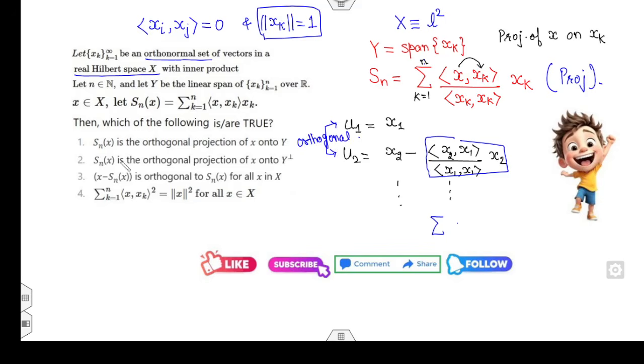Now look at the options. Sn is the projection of x on xk. What is xk? It is y. So the projection of x on y is the correct option.